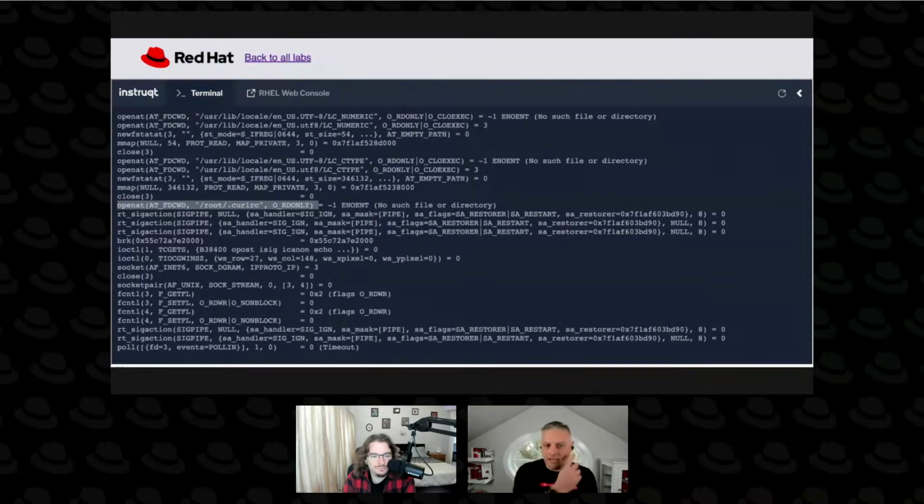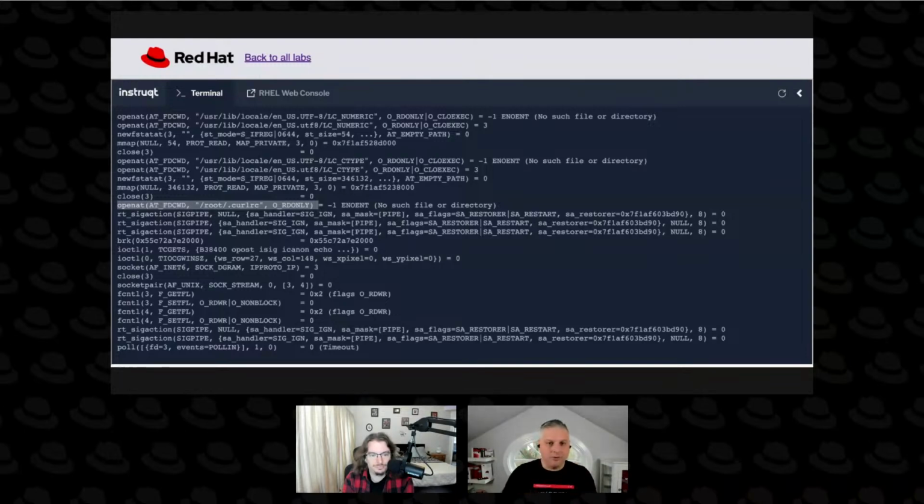You may not have recognized the other /usr/lib/locale entries, but here is a file that we might recognize. We have an openat for /root/.curlrc. This is a local configuration file for root that customizes how curl commands run as root should be configured. So what we're seeing with this series of openats is the curl command opening different files on the system to read in data.